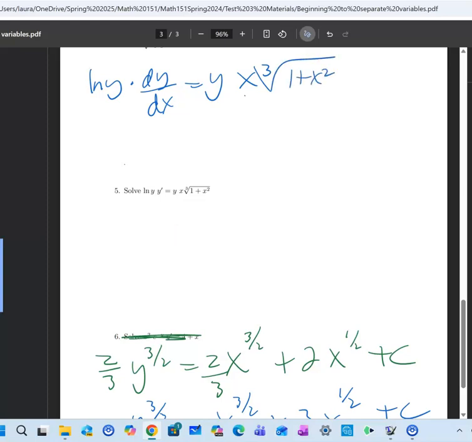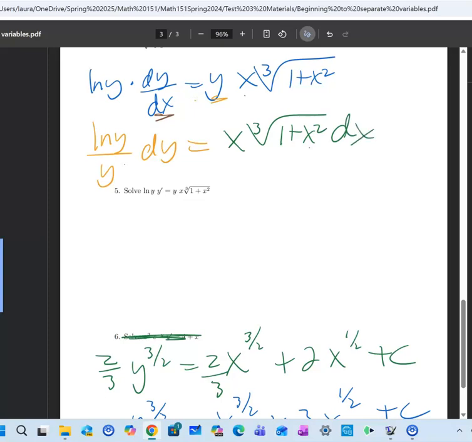Okay, I'm going to start by multiplying through by dx, and then I'm going to divide through by y. So I get ln of y over y dy equal, and over here I'd get x, the cube root of 1 plus x squared dx. There it is. It's ready to take the integral.